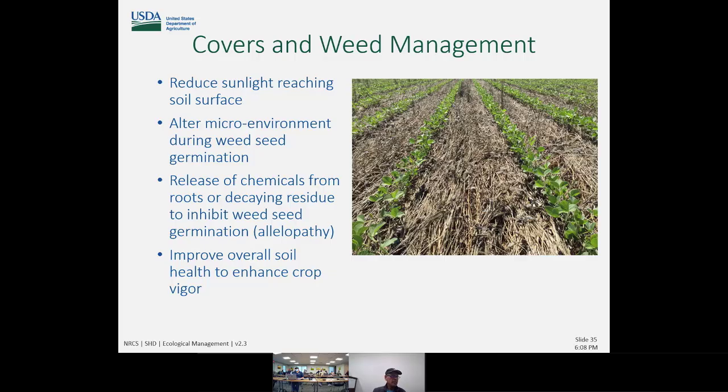There are some other innovative technologies, such as GPS or drones, to see where the weed population is, or even scouting, because weeds may not grow uniformly everywhere.